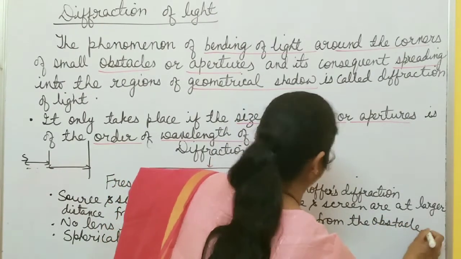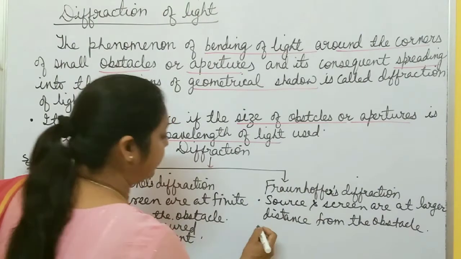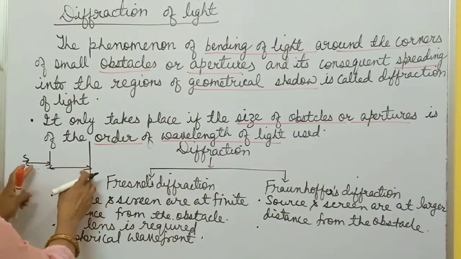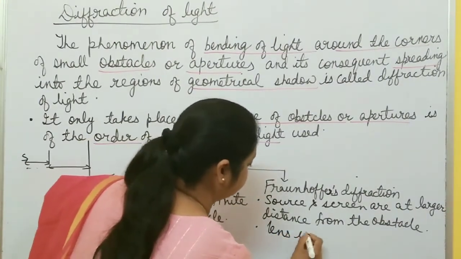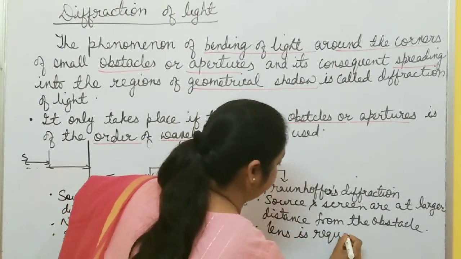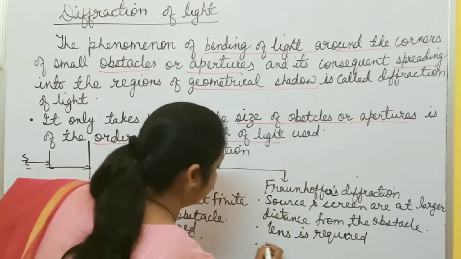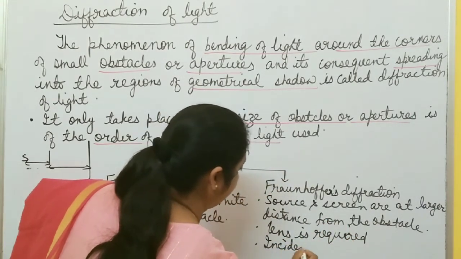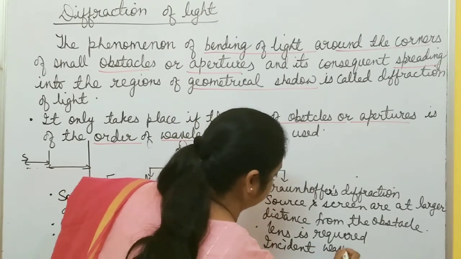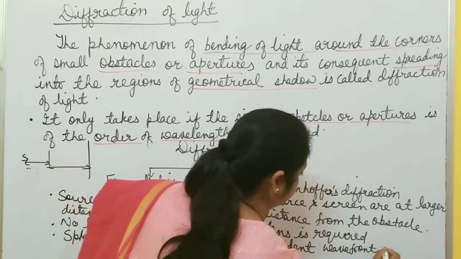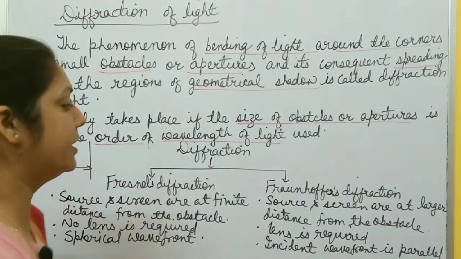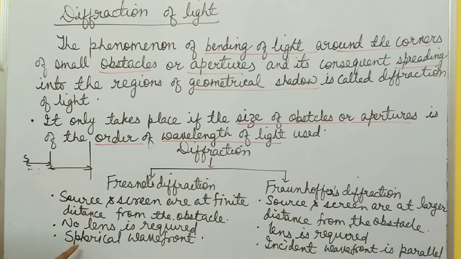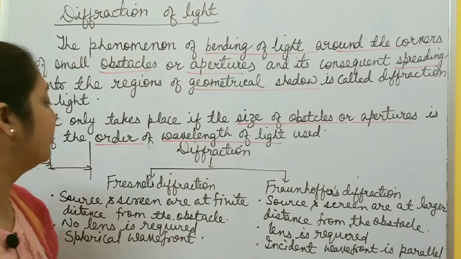So in this case, Fraunhofer diffraction is observed, and if the distance between the source and screen is very large, then in this case a lens is required to observe the diffraction pattern. Lens is required, and here the incident wavefront is parallel. Because the distance is large, the incident rays and incident wavefront are parallel. Here the distance is small, so the incident wavefront is a spherical wavefront. So these are two different types of diffraction.